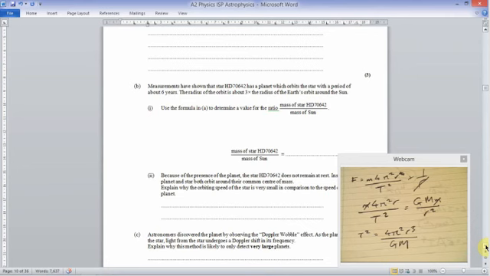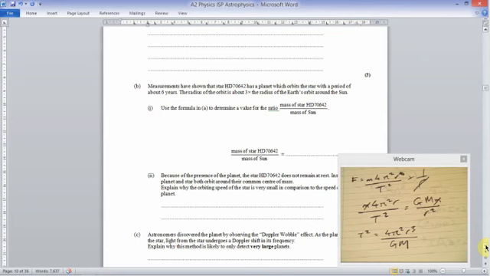All the constants in this equation are G and 4 pi squared. So all we've got is r cubed over m, really. The radius of the orbit is 3 times more. And we want to know the ratio of the masses now.